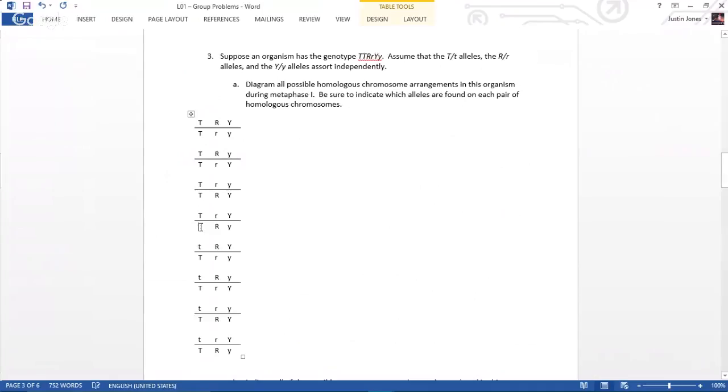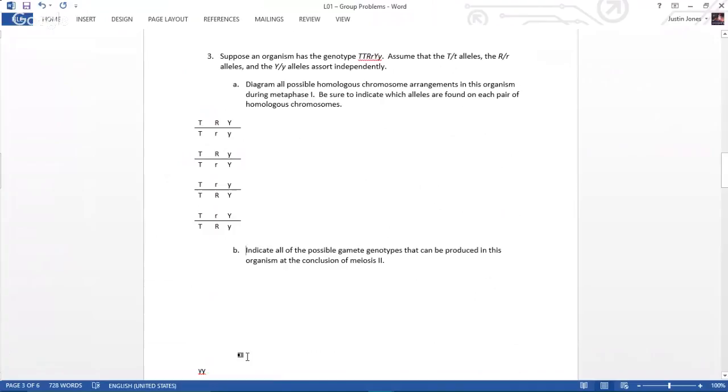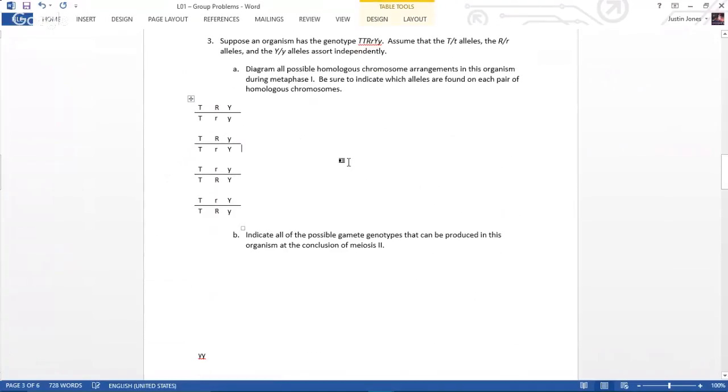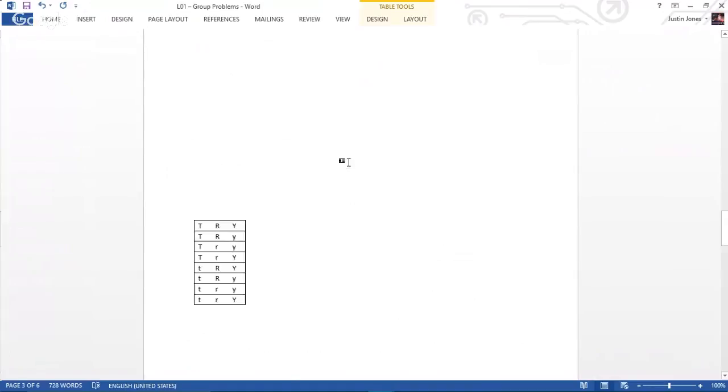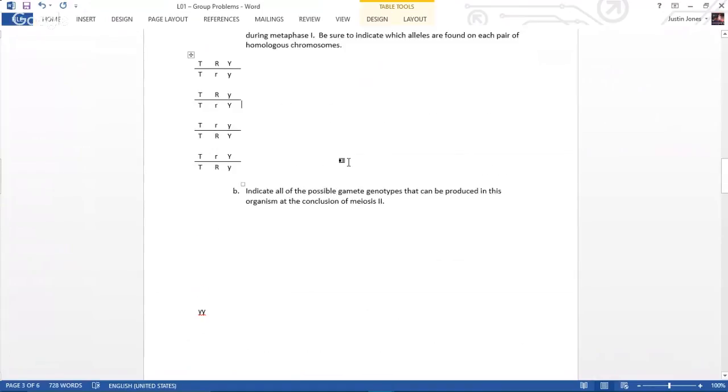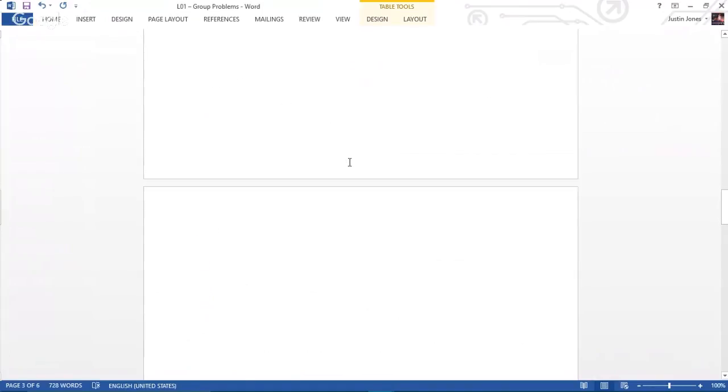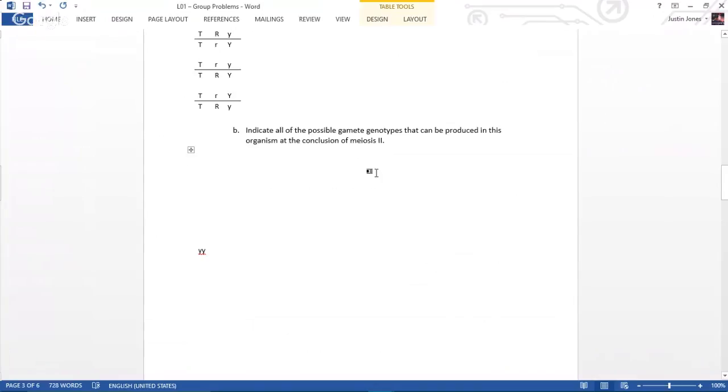And you only get 4 options because you're just switching the R's and the Y's. So it looks like I need to delete this.